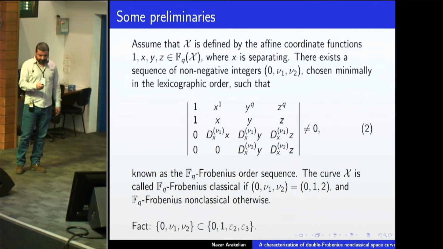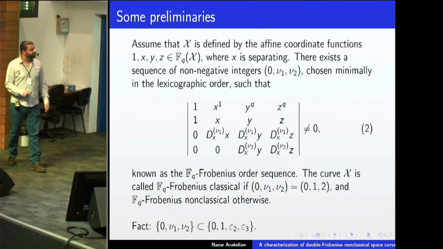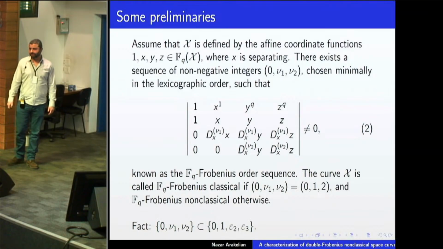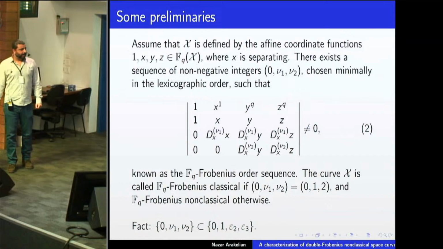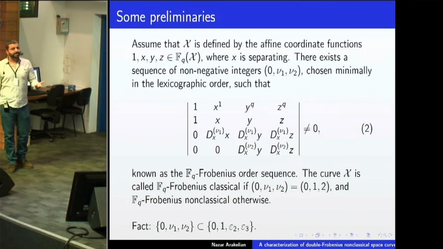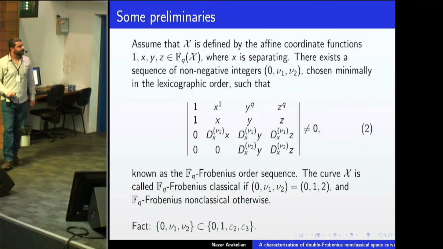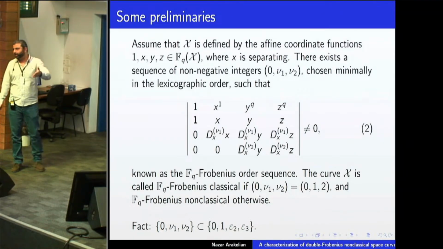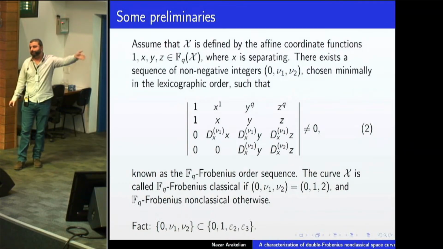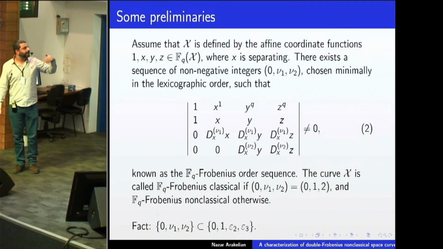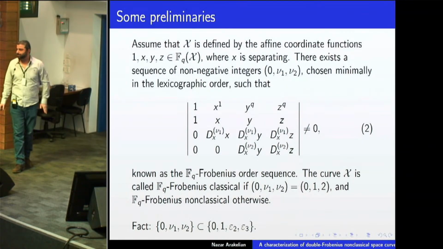We know that the Frobenius order sequence is always a subsequence of the order sequence of our curve. And it can happen that, for instance, if ε2 is bigger than 2, then you can have what I call artificial Frobenius non-classicality, because over every extension of Fq, your curve will be Frobenius non-classical.